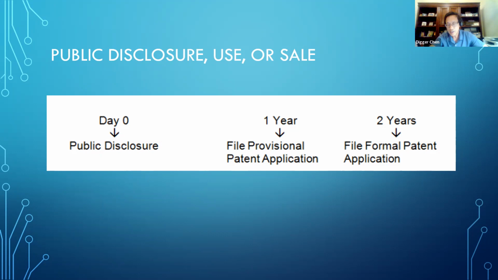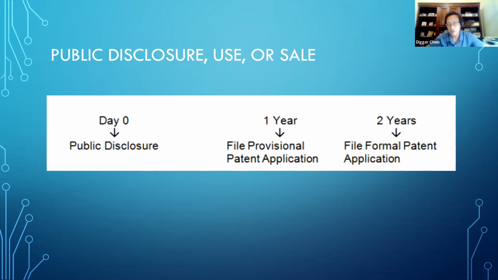But you haven't filed a formal application. You can wait until January 6th of 2024 to file a formal patent application. If you don't file a formal patent application by January 6th, 2024, your provisional application automatically expires, automatically disappears.